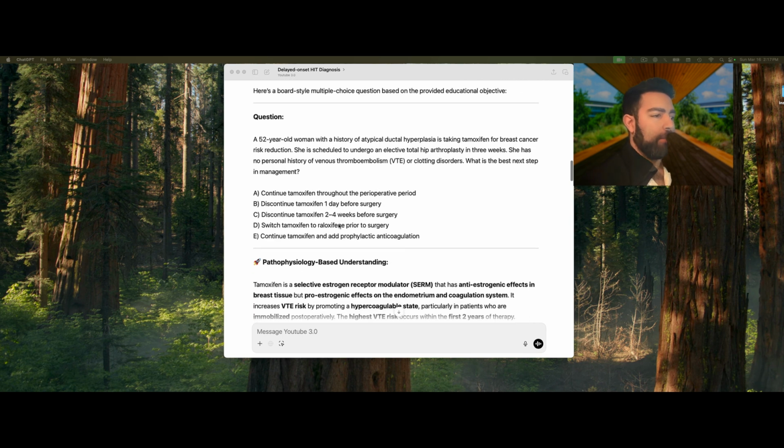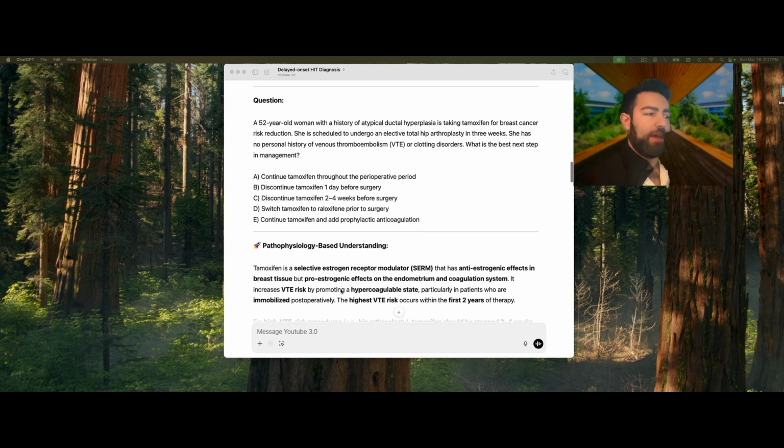All right. So tamoxifen is a selective estrogen receptor modulator, or a SERM, that has an anti-estrogenic effect in the breast tissue, but pro-estrogenic effects on the endometrium and the coagulation system. It increases VTE risk by promoting a hypercoagulable state, particularly in patients who are immobilized post-operatively, who have the highest VTE risk.